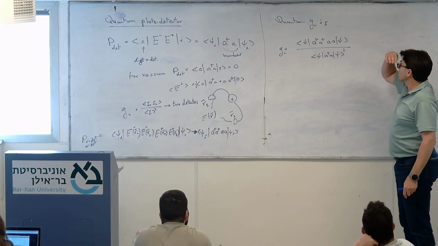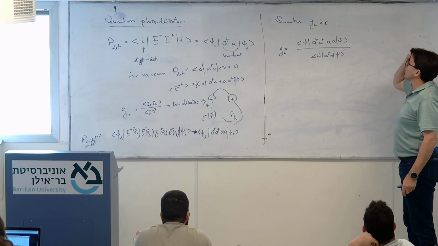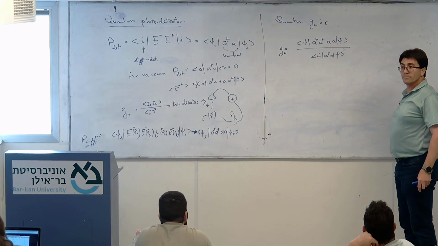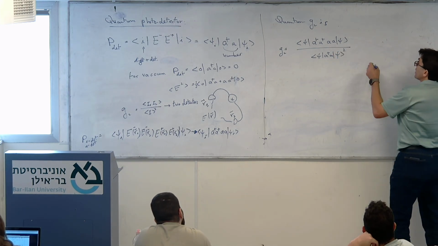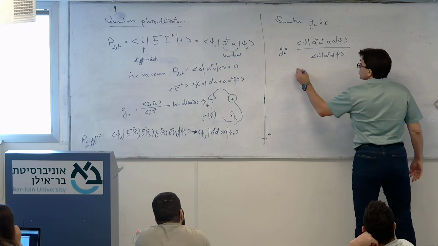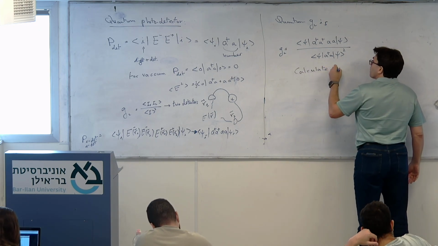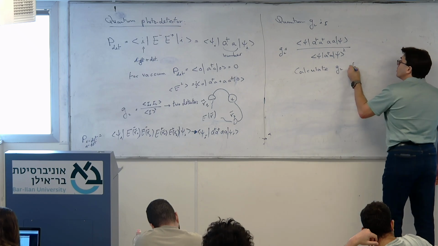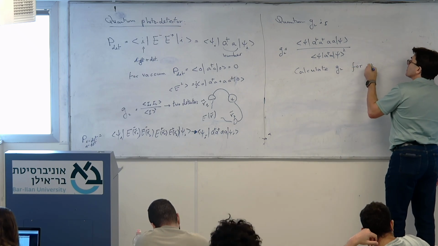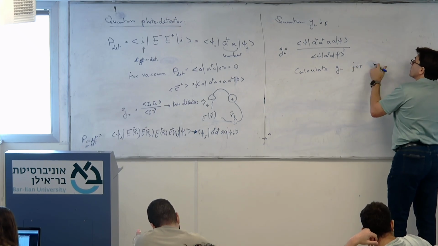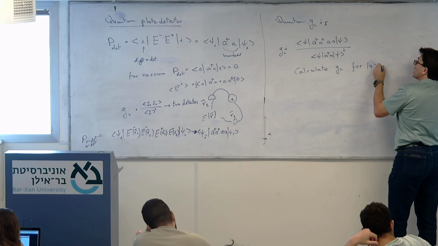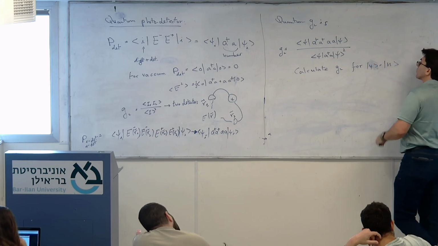And that is the question of having both of them annihilating a photon together. Now let's calculate G2 for the state, assuming that the state of the light was exactly n photons.